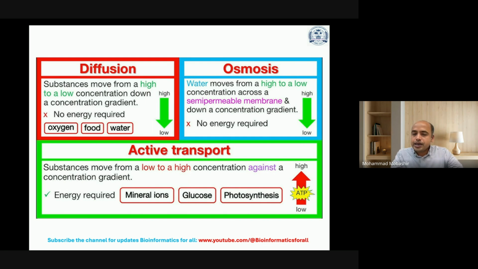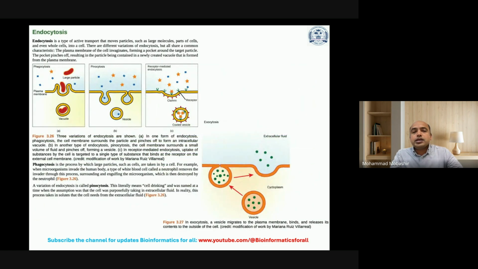in the coming days. Now, what is endocytosis and what is exocytosis? Endocytosis is a type of active transport that moves particles into a cell, and it could happen in different ways. For example, in one way you can see here, a large particle is engulfed.